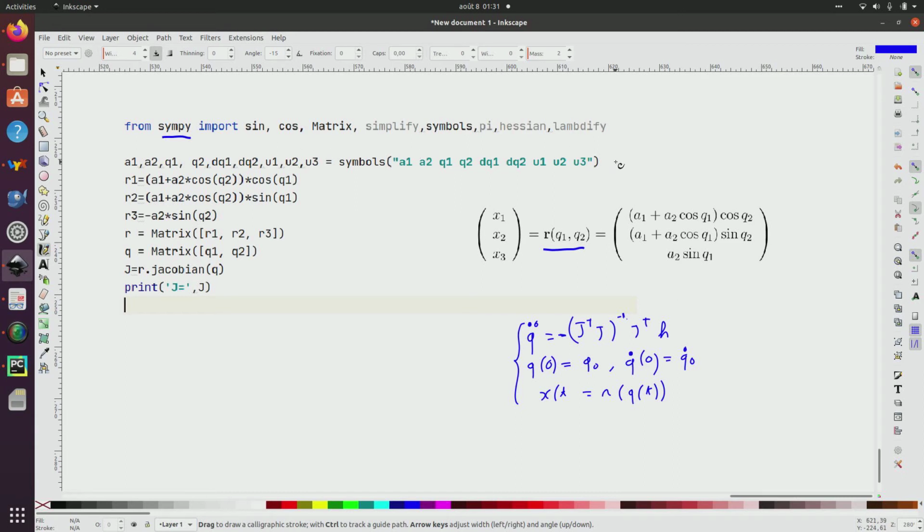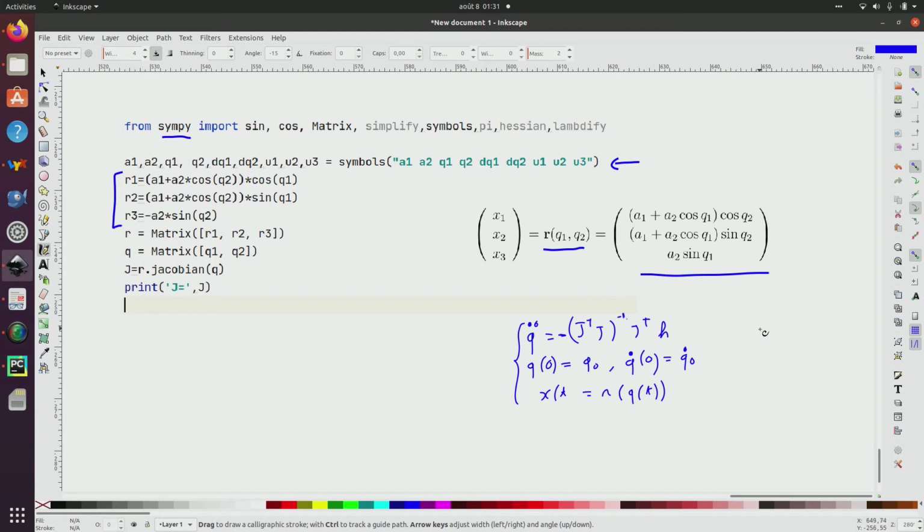So what I do first is I define my symbols. So I have the radius, I have the configuration and the derivative, and also I have put my input, but it's not necessary because I know that they are equal to 0. I define my function R here in a symbolic way, and they correspond to this.